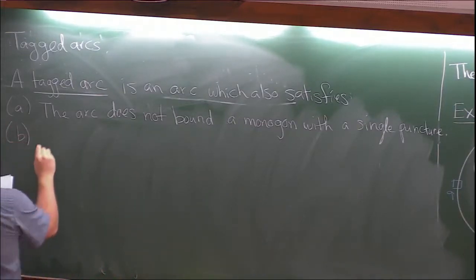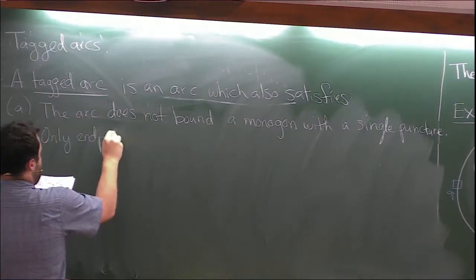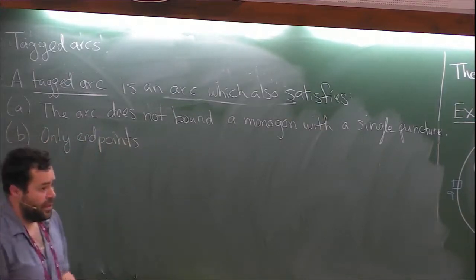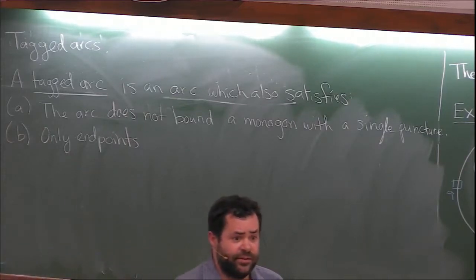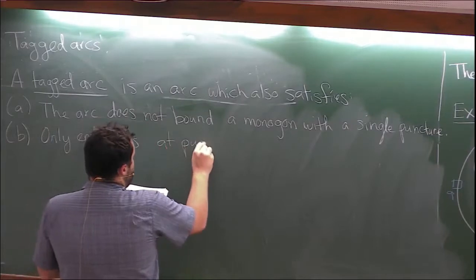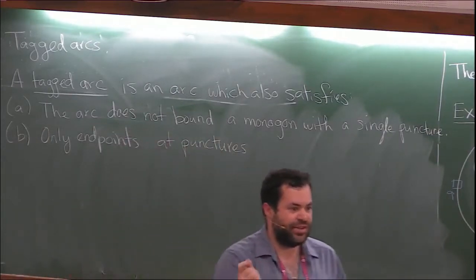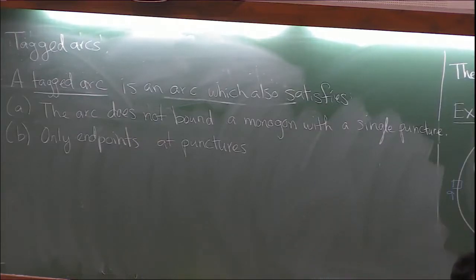B, the only endpoints at punctures can be tagged. Okay? So a tagging is just some extra data I'm going to add to my arc, and I'm only allowed to add this data when my arc is attached to a puncture.